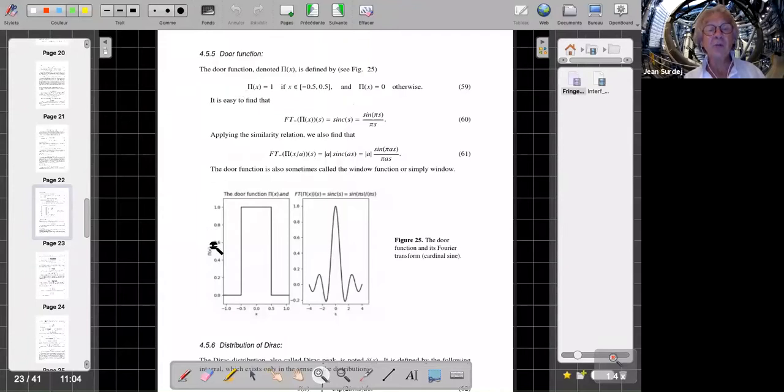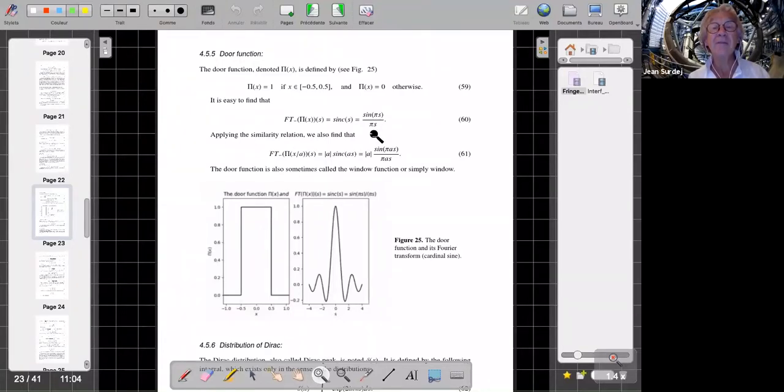It is a square function, equal to 1 if the modulus of x is smaller than 1/2, and 0 if it is larger. And the Fourier transform of this door function is just the cardinal sine, which is the sine of pi s divided by pi s.